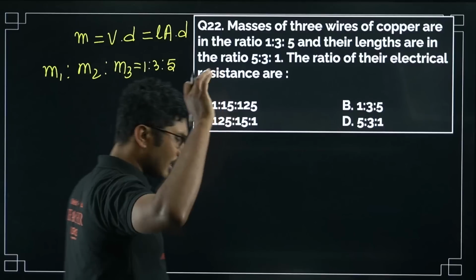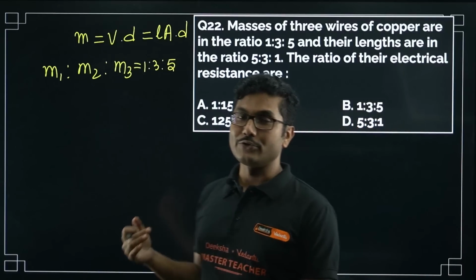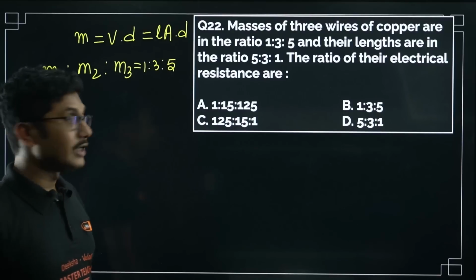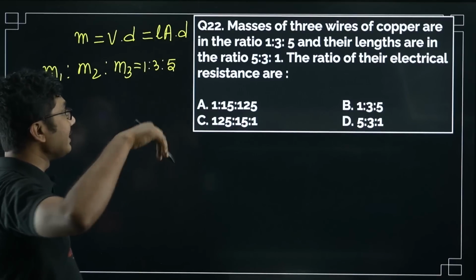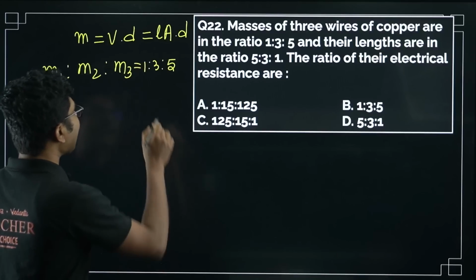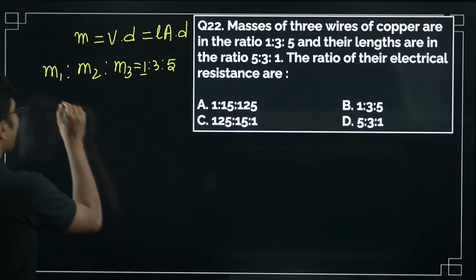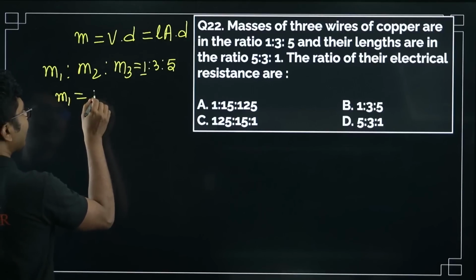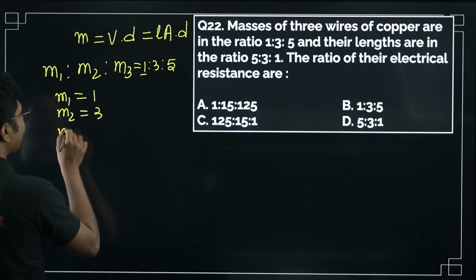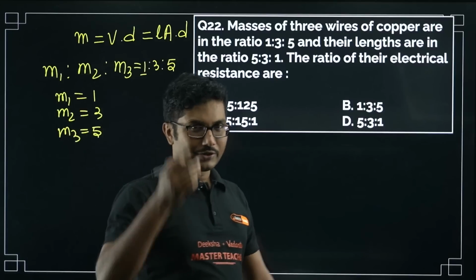Now you can use the constant of proportionality, 1k, 3k, 5k, but for this problem we will say that the constant is 1, the k value is 1 itself. So mass M1 is 1 kg, mass M2 is 3 kg and mass M3 is 5 kg. You don't need to write the units. Obviously, the unit is not required.